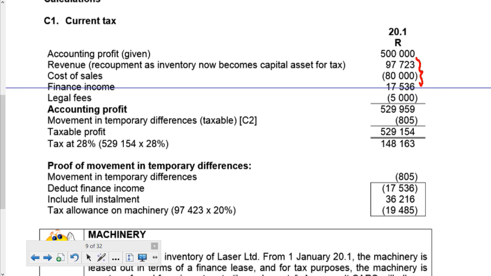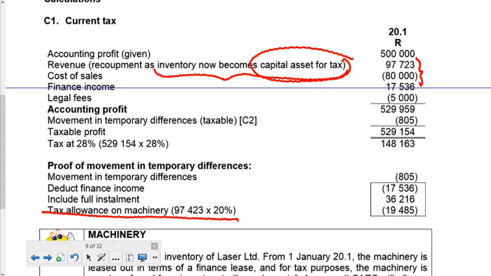SARS says no, you didn't sell anything, so there's no cost of sales, and inventory now becomes a capital asset for tax. So then what he does allow is a tax allowance on the machine. Here it is.